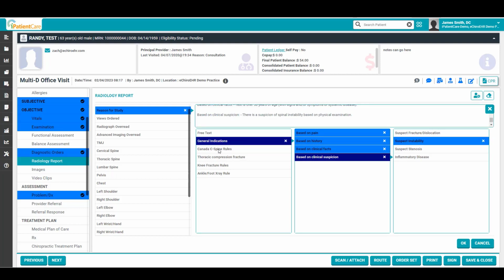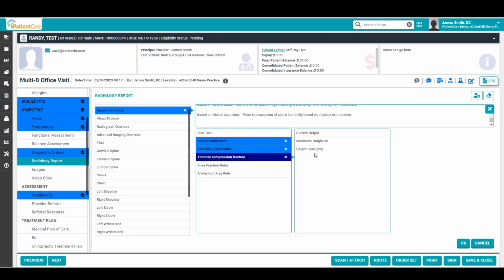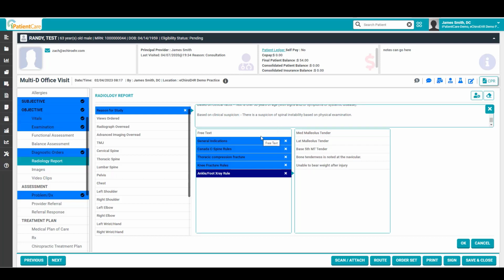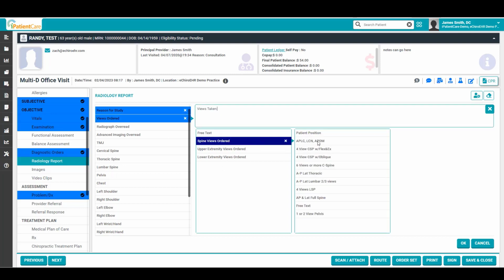We also have within this section the Canadian C-spine rules that are well documented, thoracic compression fracture rules, knee fracture rules, and then of course ankle-foot X-ray rules. These all help document, based on the literature, the reasons or indications for an X-ray study. Next, you can determine what views you're ordering if you want to document that within the radiology report.